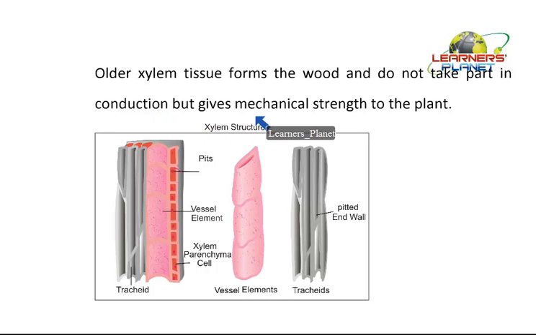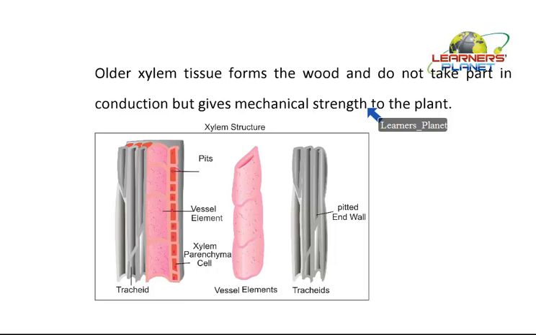The old tissue is meant for providing mechanical strength to the plant, because it has to withstand at a particular location, and most of these tissues are dead in nature. So these dead cells or dead tissues provide mechanical strength to the plant, besides helping in conduction of material from soil to the different parts.